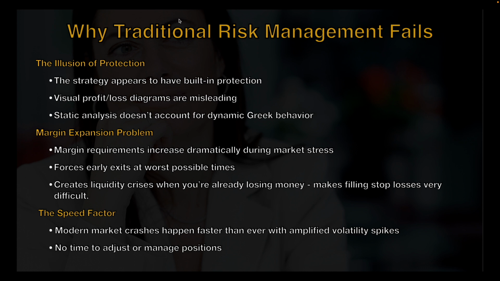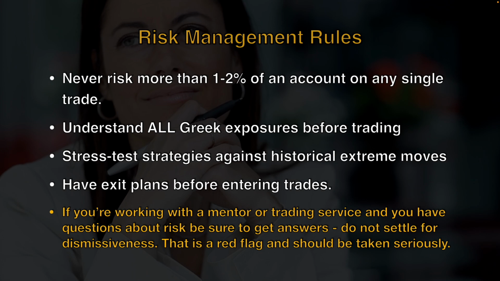And this forces early exits at worst possible times and creates liquidity crises when you're already losing money. And this can make filling stop loss orders very, very difficult. And finally, the speed factor. Modern market crashes happen faster than ever with amplified volatility spikes, and traders have no time to adjust or manage these positions. Now let's talk about some basic risk management rules.